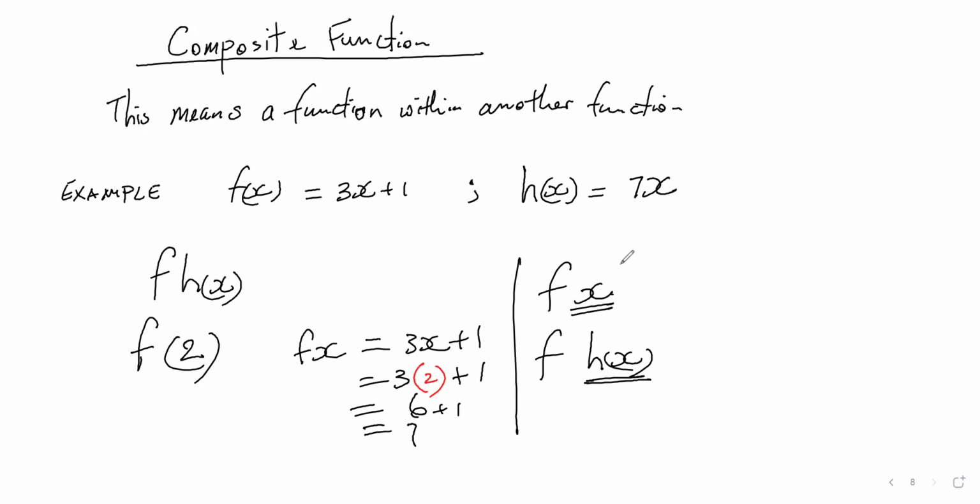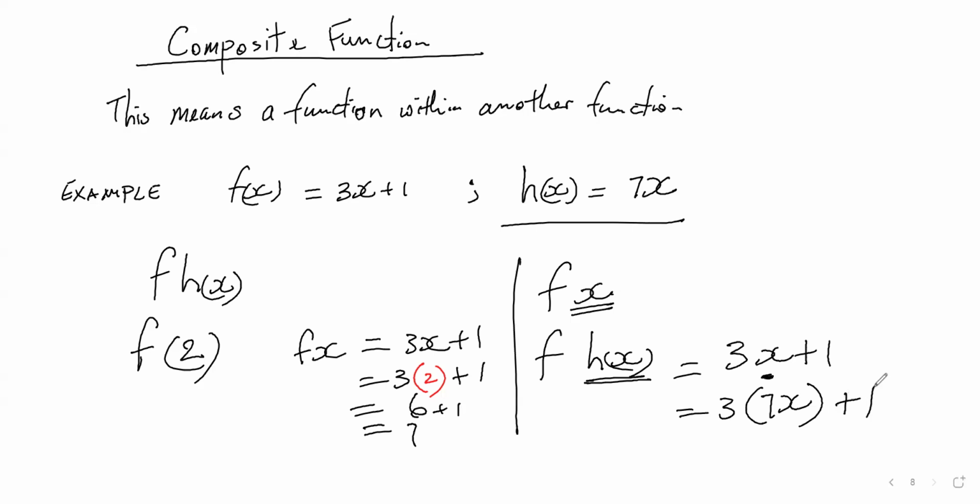So I'm going to write my f again, and wherever I see x, I'm going to put h of x, and h of x was equal to 7x. So my answer is, Naomi, 3 times 7x is 21x plus 1.